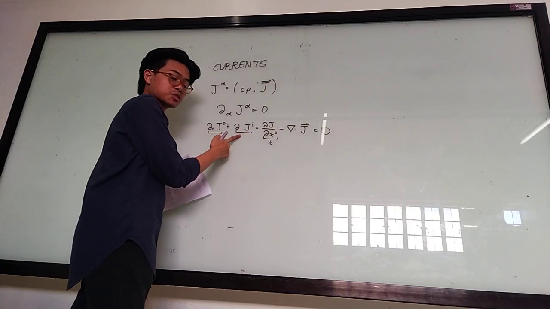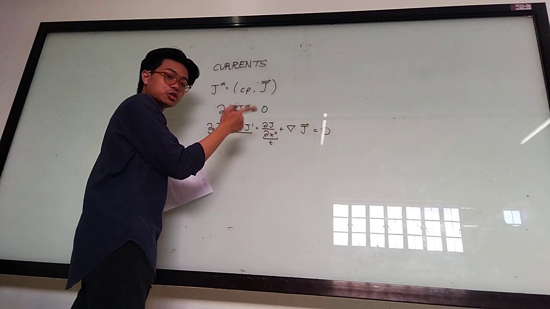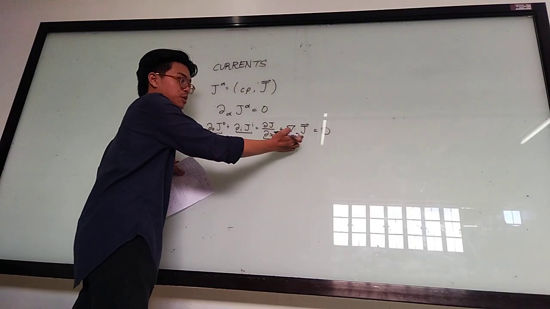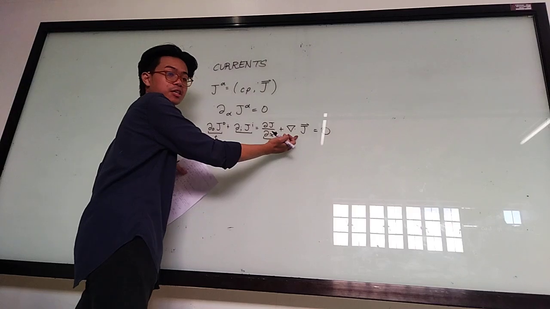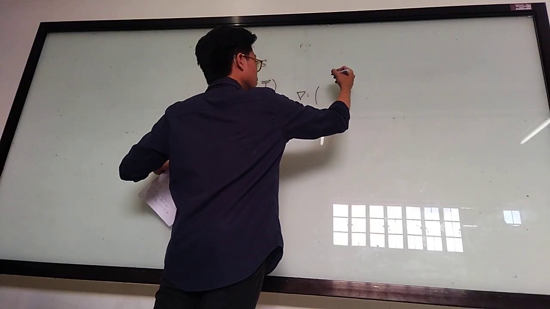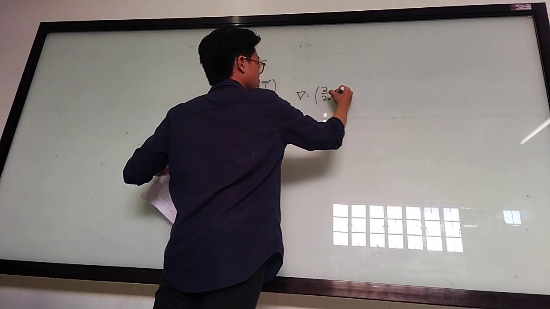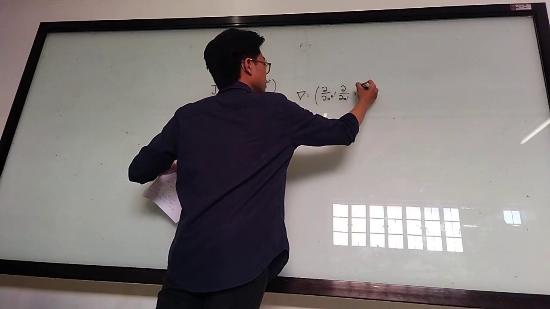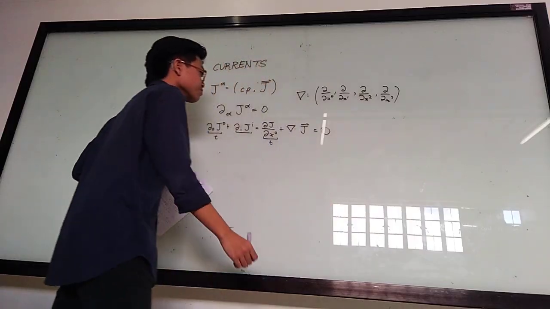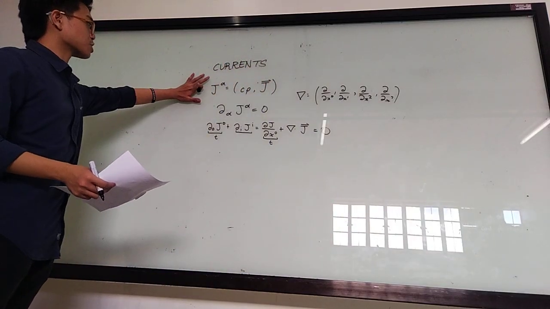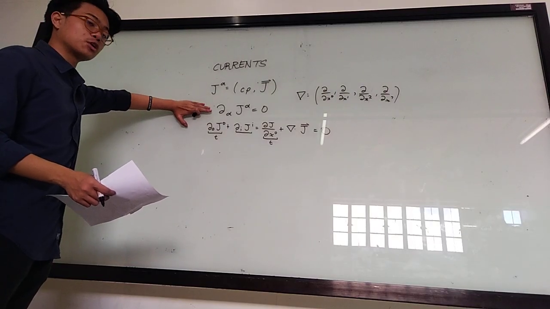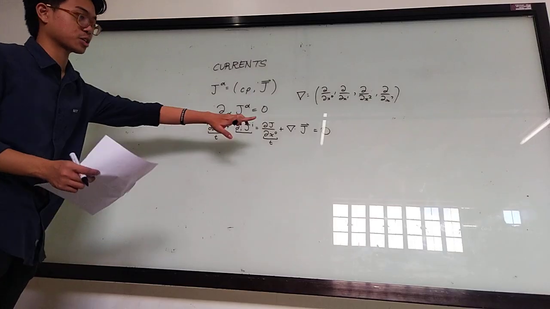So I take the derivatives of my J^i with respect to each dimension, or each direction, and that essentially gives me the divergence, the dot product between ∇ and J. If it's conserved, it follows this equation. And if we expand it, we get this equation over here.